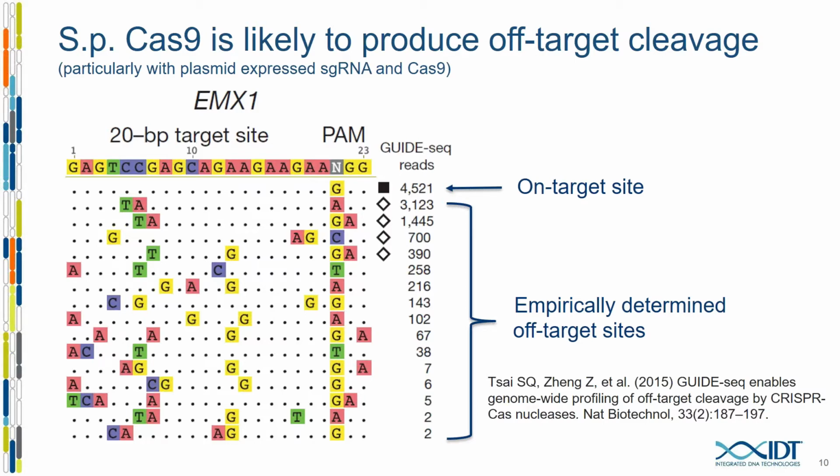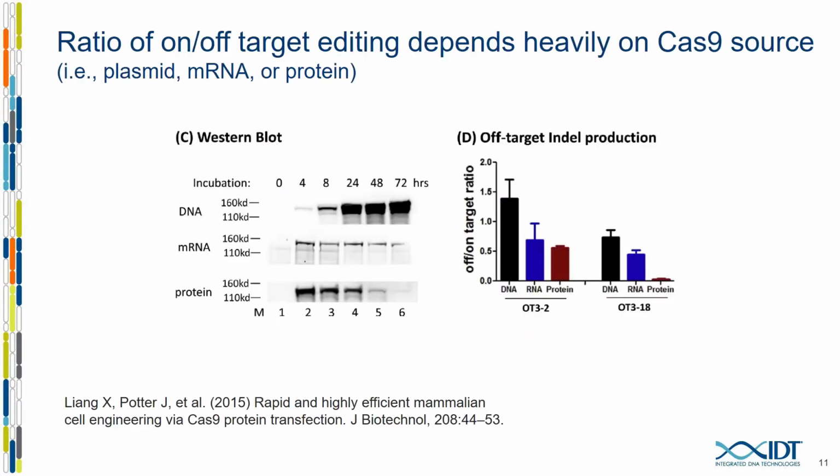And I can give you a lot of our own internal data, but I think it lends a lot of trust if I can show you data from other companies and then show that it falls in line with the data that we've produced. So our friends at Thermo have shown this nice experiment where they vary the delivery mechanism of Cas9 protein, and they essentially show that the longer it sticks around in the cell, the more off-target editing you get.